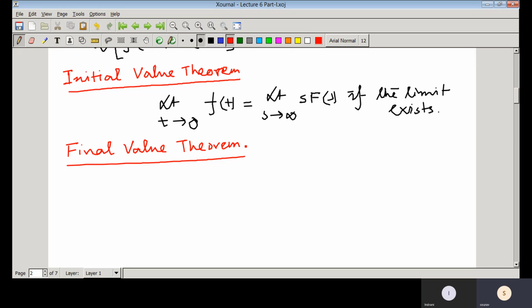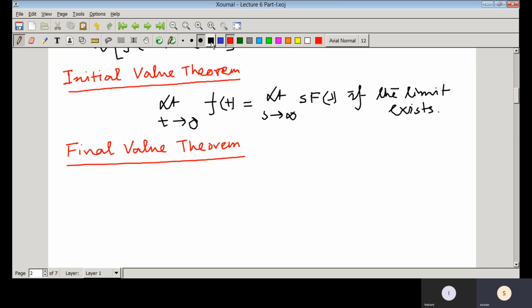But you cannot apply this final value theorem everywhere. The final value theorem can be applied if the function sF(s) is analytic on the imaginary axis and in the right half of the s plane. So that is very important. If a function is given to you and you blindly apply the final value theorem, you will get a result, but that result is not correct.